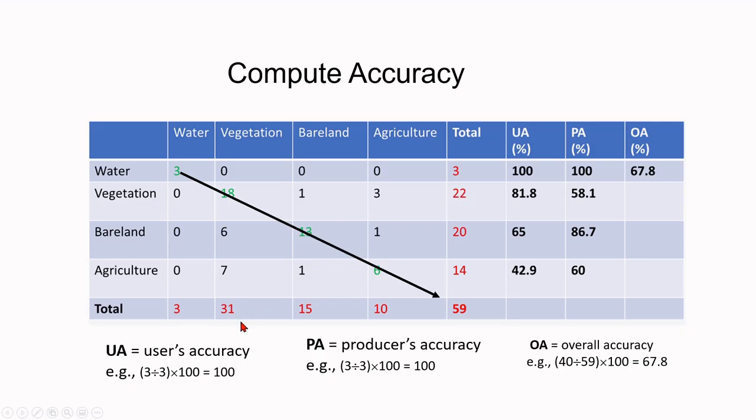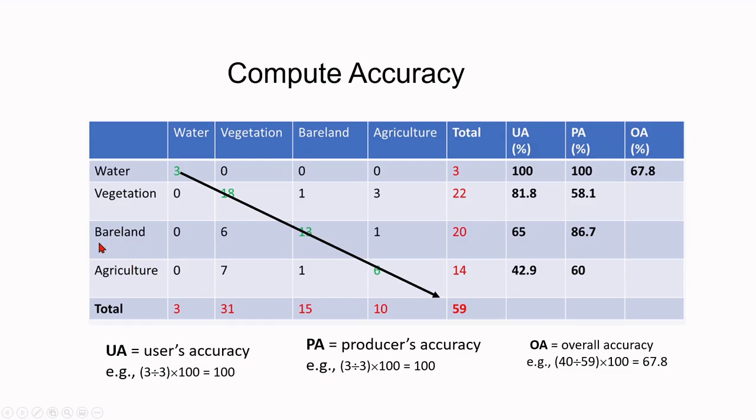So the model is underestimating the number of pixels you observed here. Okay, so this is omitting the pixels that are for vegetation, and so you can see that on the vegetation side, the model is confusing some of the results with bare land and then agriculture. About 6 went to bare land and 7 went to agriculture. So that is why it is not 31 and it's missing it.